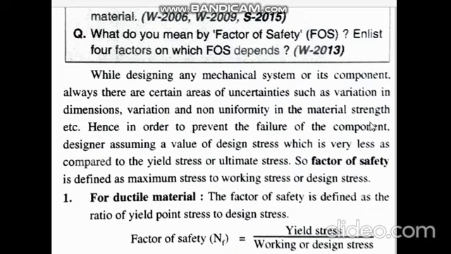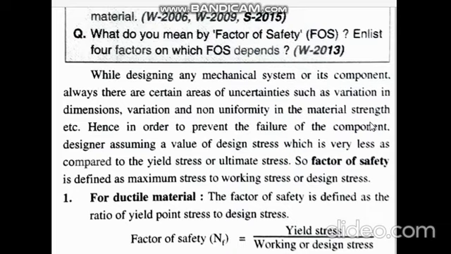and in environmental conditions. We don't know whether something will be used here in Jalgaon or in Bombay, where there is a sea coast environment and there will be salt in the air. Because of the salt in the air, things corrode more in Bombay compared to Jalgaon. Jalgaon air is not salty because the sea is not close by.